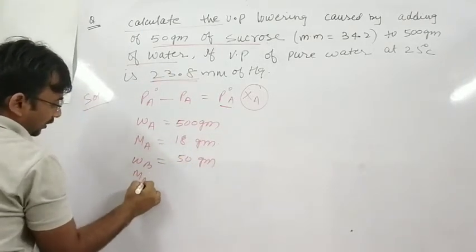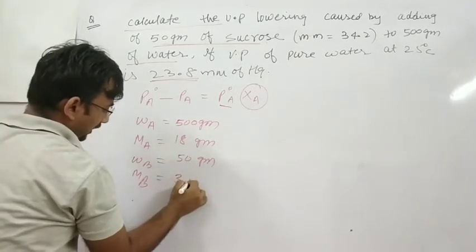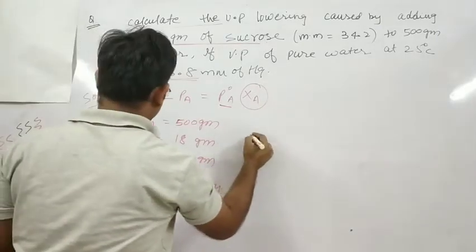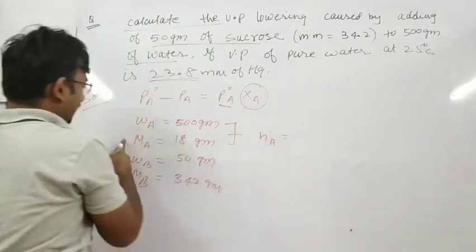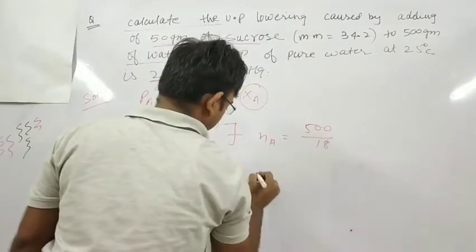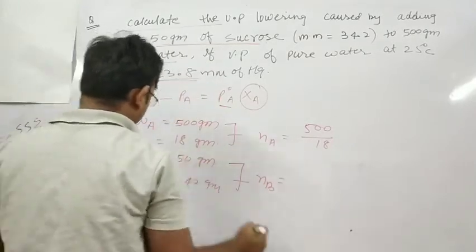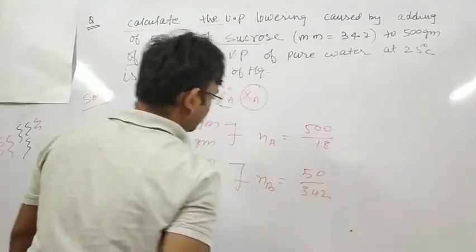And molecular weight of solute is given 342 gram. So number of moles of A will be given mass upon molecular mass, 500 divided by 18. And NB is equal to given mass upon molecular mass, 50 divided by 342.